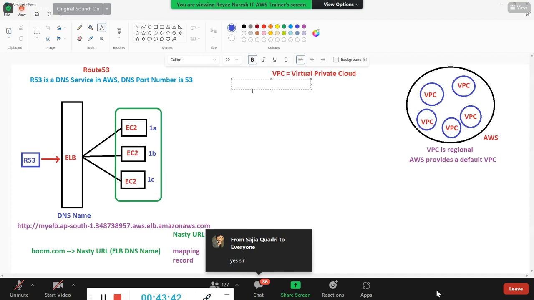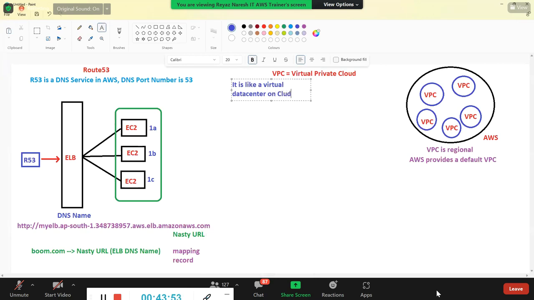Can we say that it is like a virtual data center on cloud? Yes, it is.